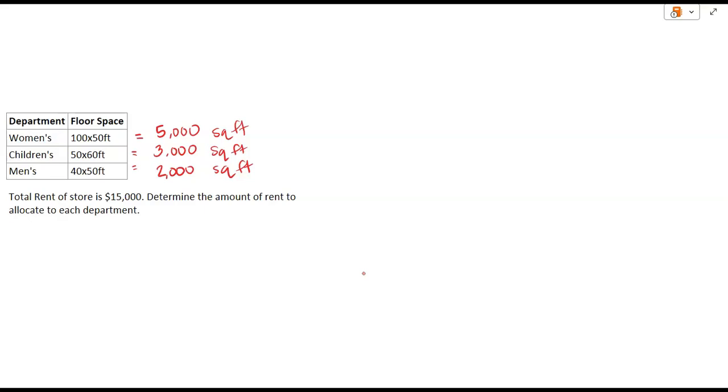Okay, so step 1 is to calculate the floor space of each department.